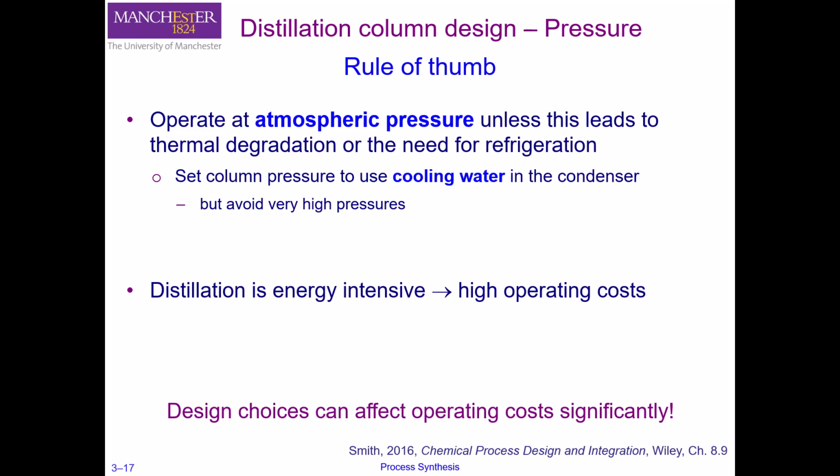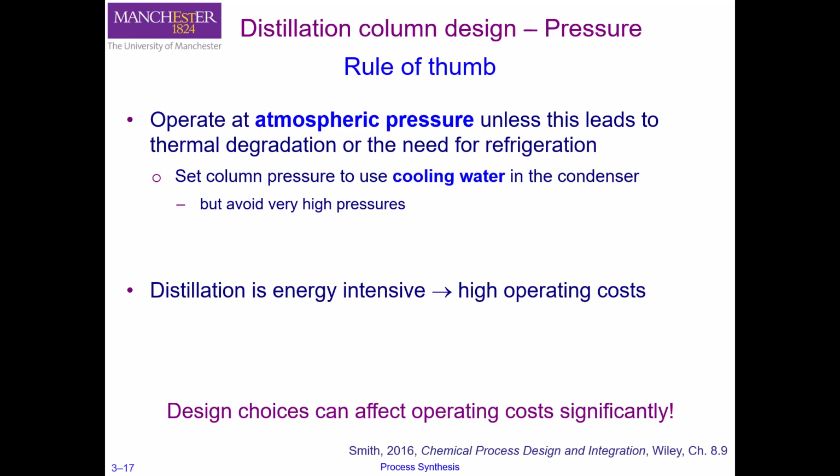These considerations lead to a rule of thumb, which is to keep the pressure low. Well, only as low as atmospheric pressure, since vacuum brings other engineering challenges as well. So it is advised to use atmospheric pressure unless atmospheric pressure requires expensive refrigerated cooling.